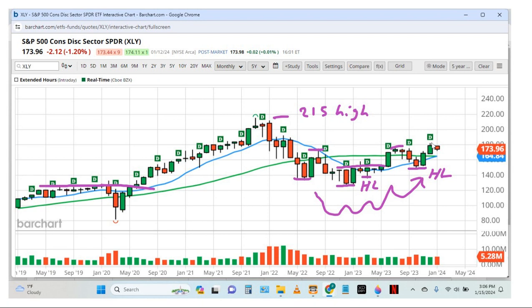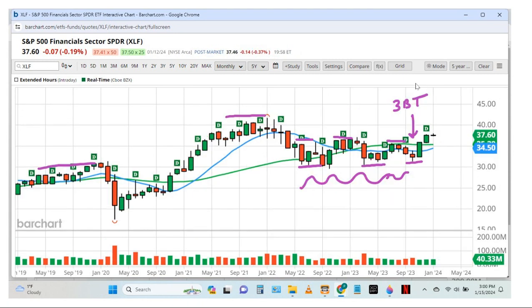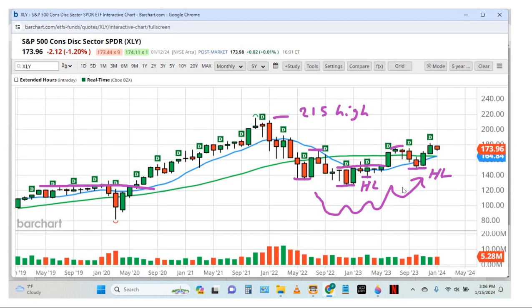So I like consumer discretionary for 2024, as the consumer is one of the driving forces of our economy. The other thing I like about this chart is that the high was 215. We're currently at just under 174. So there is room to move up into this previous high for consumer discretionary. So I like that sector and companies within that sector.